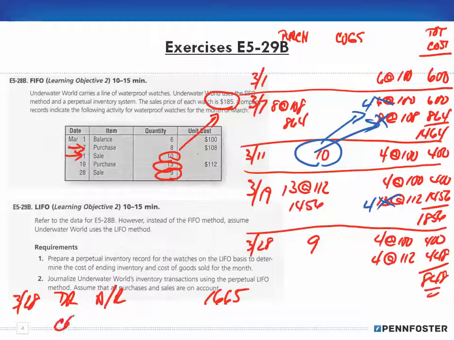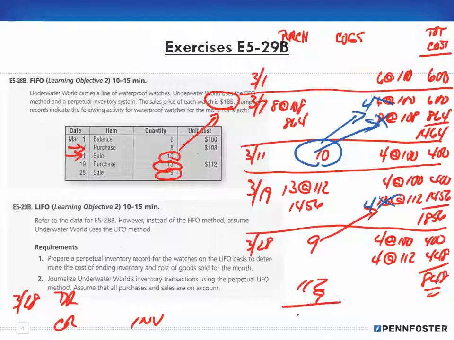And we're crediting our revenue for 1,665. And since we made a sale, now we have to take it out of inventory. So we're crediting our inventory in the amount of 112 times 9, which gives us 1,008.